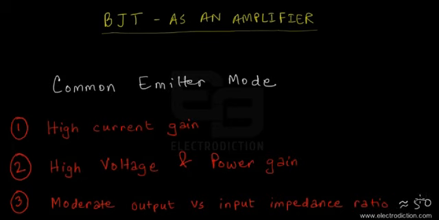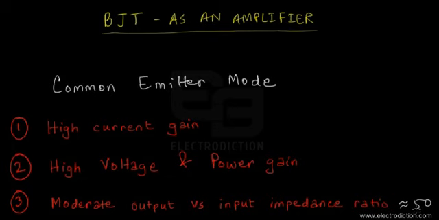Generally this is supposed to be the ratio. It could vary here and there, so that's not a big deal. Due to such a perfect value of the output versus input impedance ratio, the CE mode is quite an ideal one for cascading in stages.